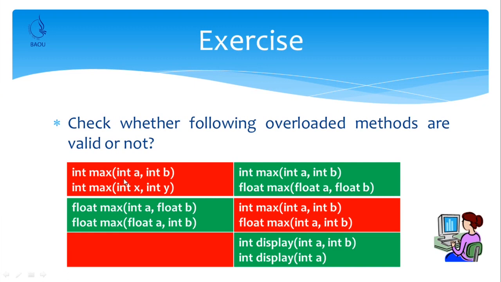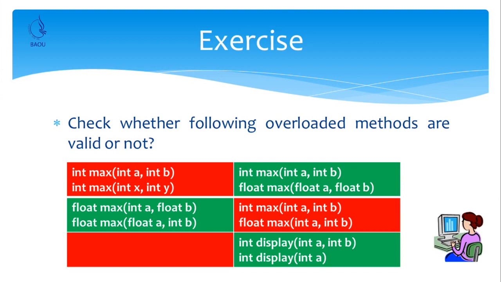The first method has two integer parameters and the second method also has two integer parameters, but here the parameter names are a and b and here they are x and y. So, you have to tell whether it is valid or not. This is not valid.